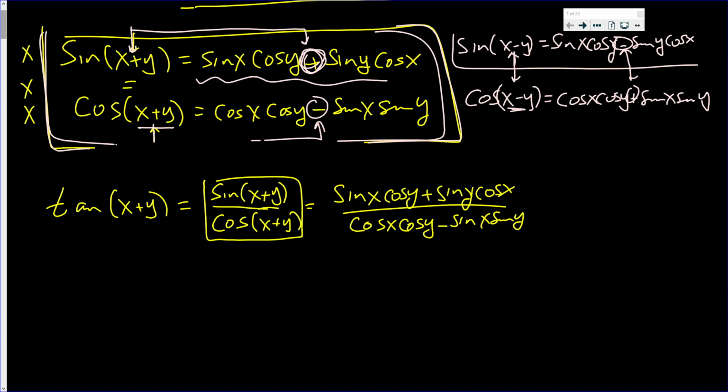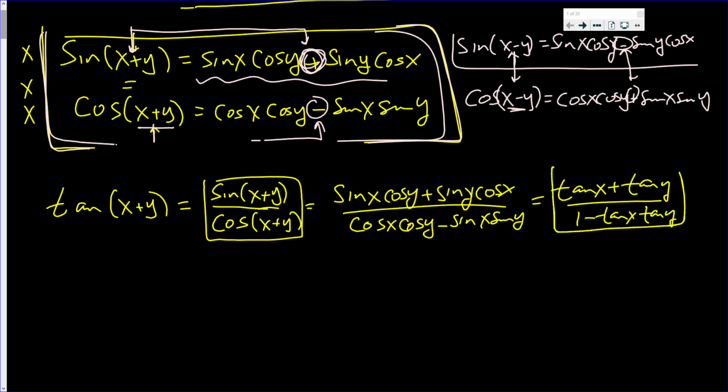For the record, this is equal to the tangent of x plus the tangent of y over 1 minus the tangent x tangent y. Why you would spend your study time remembering that formula that I just wrote is beyond me.